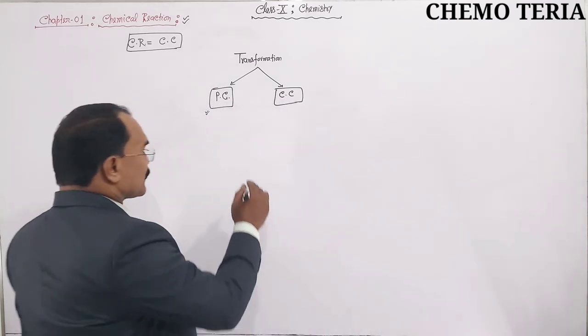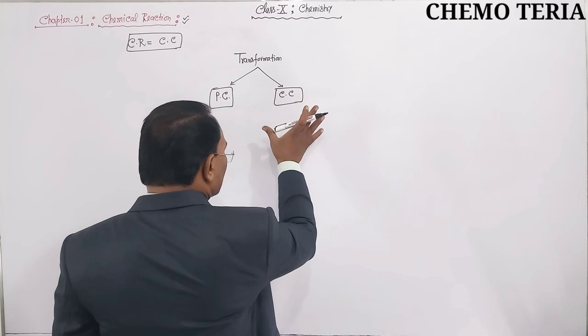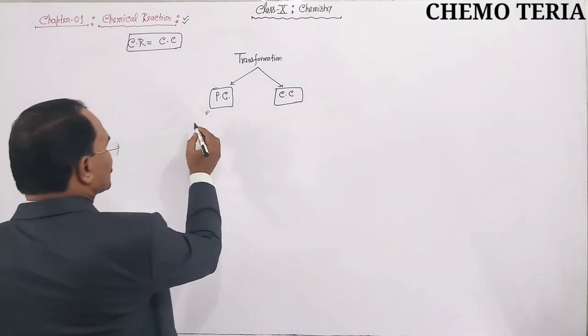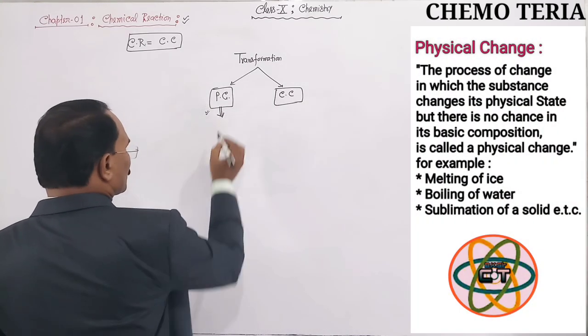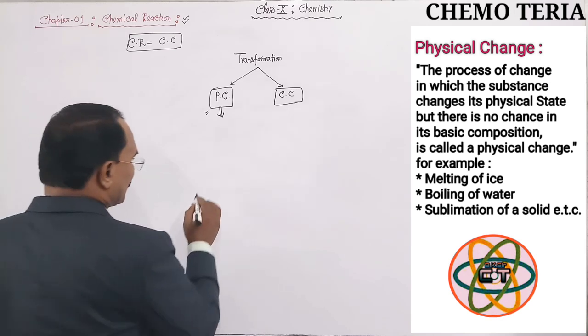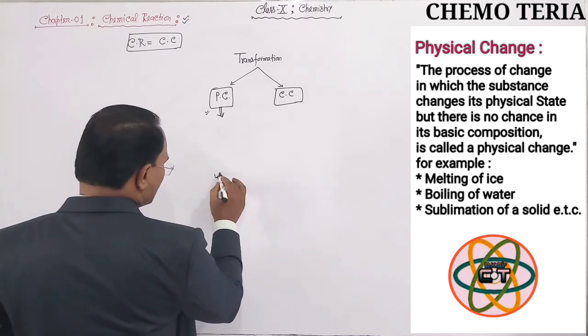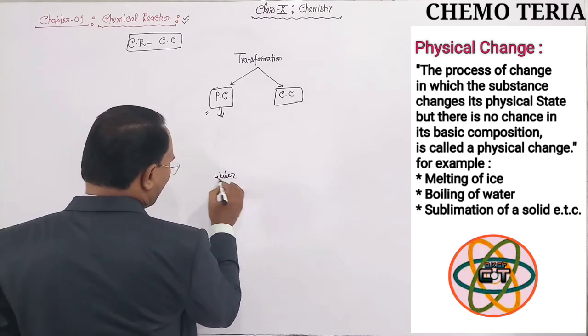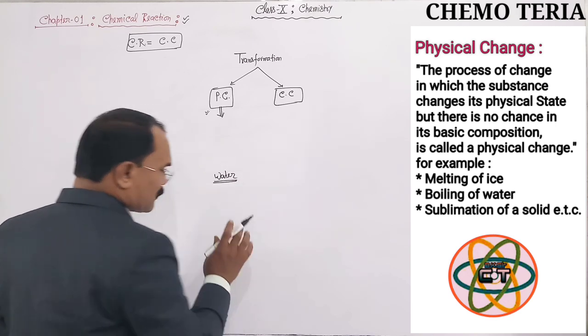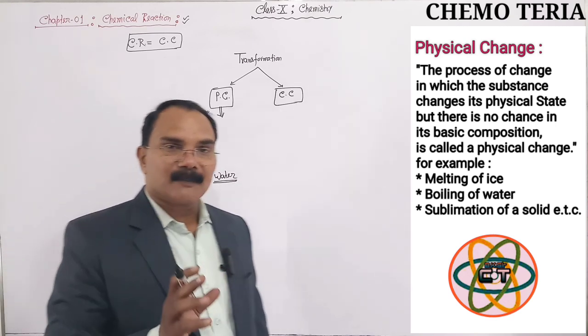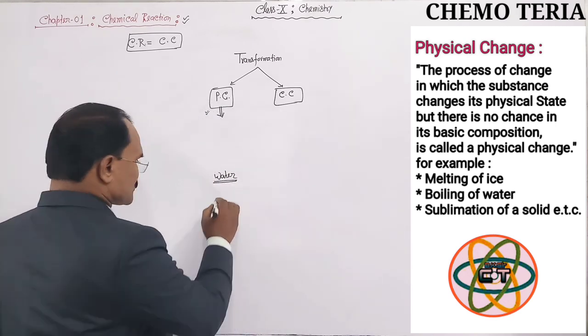We can understand this by taking examples for both. For physical change, we take the example of water. Suppose you are taking water. It is in liquid form at normal temperature and pressure. This is liquid.